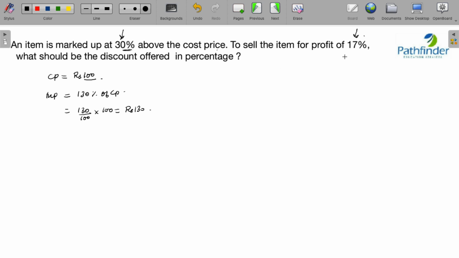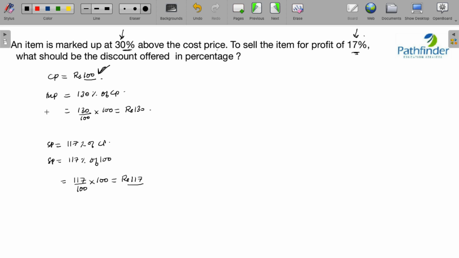Now you want to sell this item for a profit of 17%. So when the profit is 17%, your selling price must be 117% of the cost price. And what is the assumption for cost price? 100. So selling price will be 117% of 100, which is 117 divided by 100 into 100, that is rupees 117.